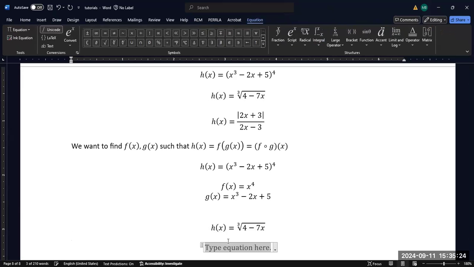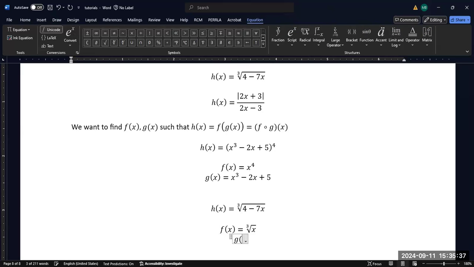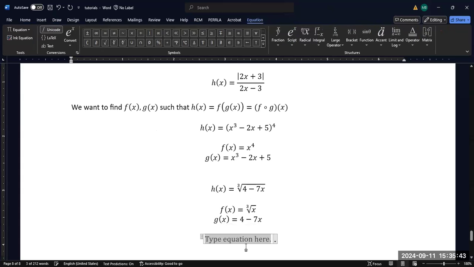Now, in this case, again, the most obvious case is I have a cube root on the outside. So I'm going to let my f be the cube root of something. And then my g of x will just be whatever is under the cube root. So 4 minus 7x. However, I don't have to only do it that way.